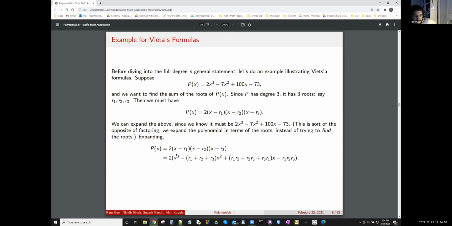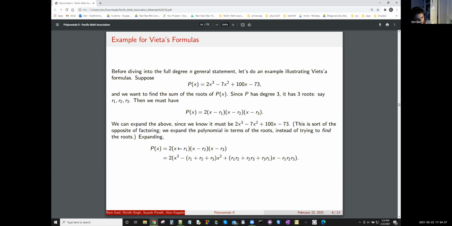Now you might notice that the signs are alternating: plus x squared, minus, plus, and minus. The reason for that goes back to the way I was talking about choosing. By the way, the negative you should really think of as x plus negative r1. The minus sign might be a little confusing, but it's just x plus negative r1.